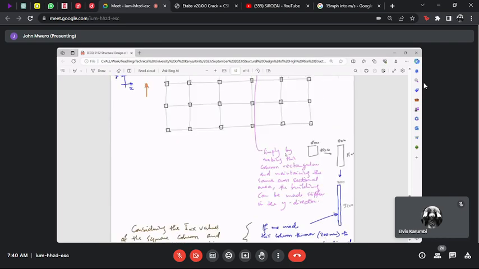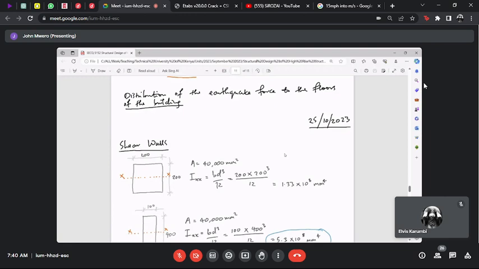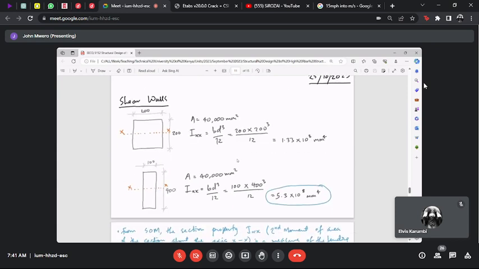So just as a recap, we did start a discussion on what shear walls are and how they stiffen a building. We did look at this very simple consideration where we have an element in bending that is 200 by 200 and another one, same cross-sectional area, only that the dimensions are 100 by 400.